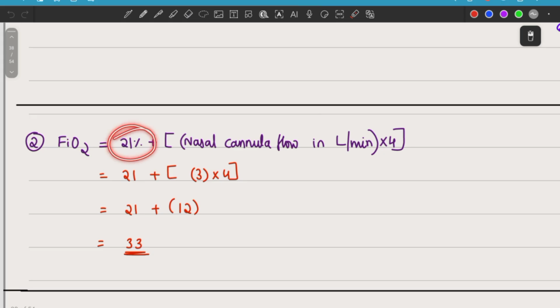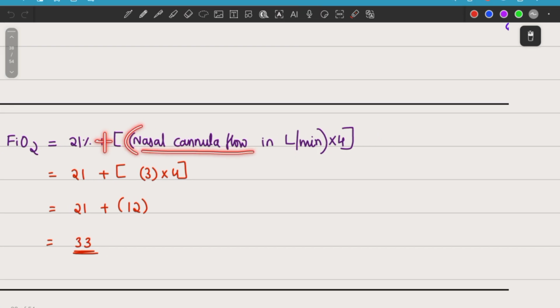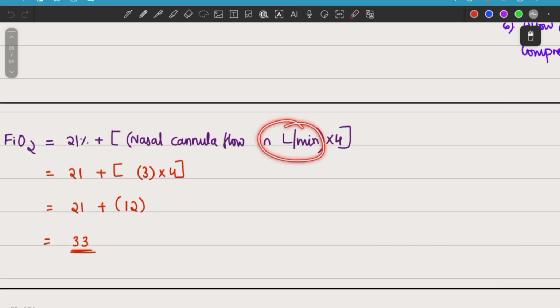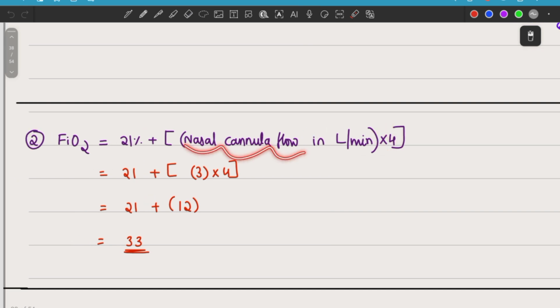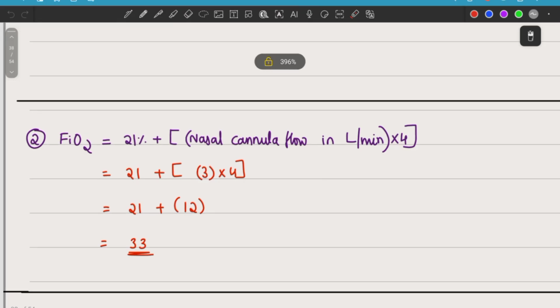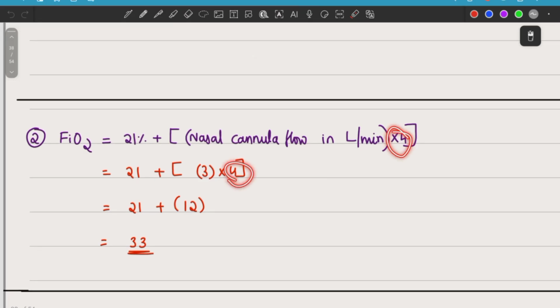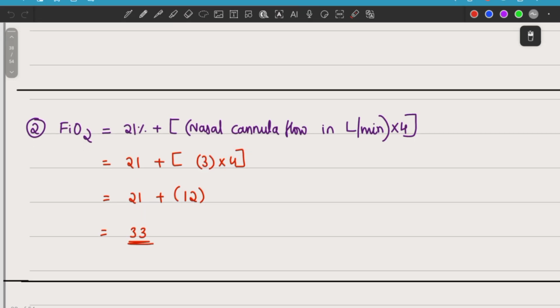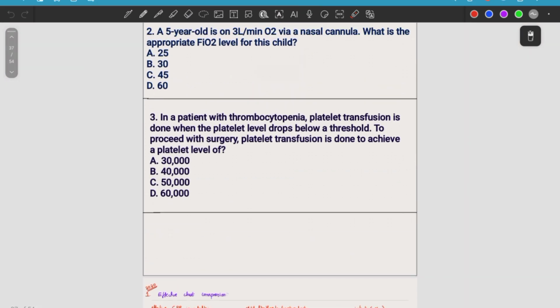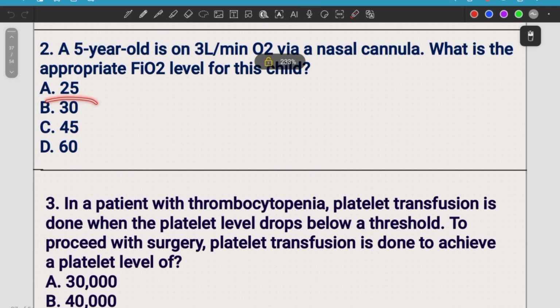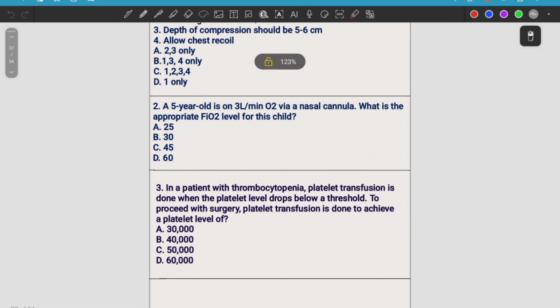It is 21% oxygen plus the nasal cannula flow rate in liter per minute multiplied by 4. Here the nasal cannula flow rate is 3 liter per minute. We have to multiply it by 4, that is 12. 12 plus 21 is 33. The nearest answer is 30, so we can mark option B.